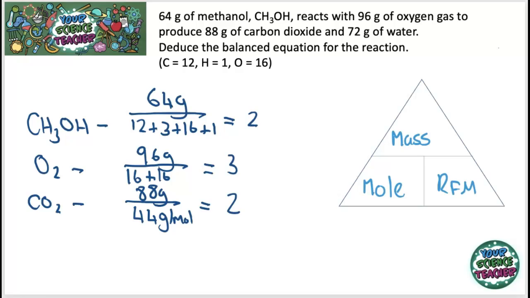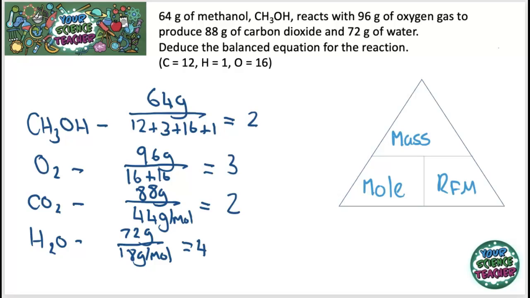And then finally, I have 72 grams of water. So 72 grams over water's RFM. There's 2 hydrogens, 1 oxygen, 16 plus 2, which is 18. And 72 divided by 18 is 4.